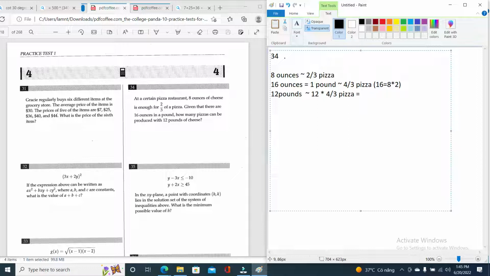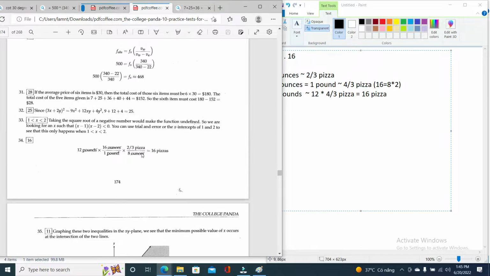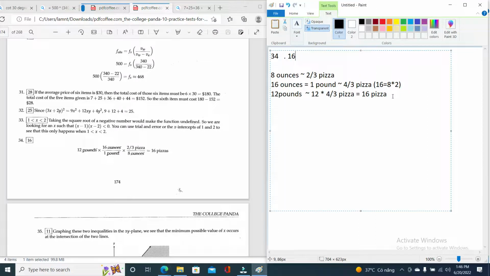That is equal to 16 pizzas. So for 34, 16 pizzas are needed.